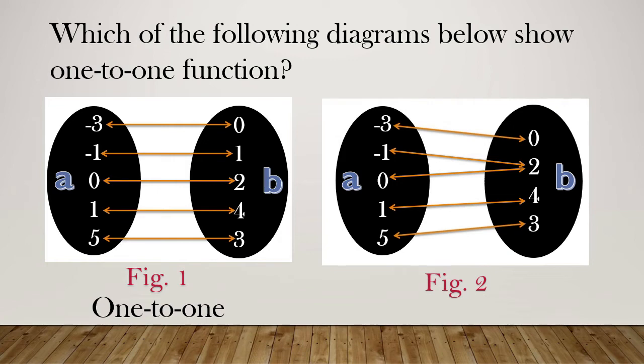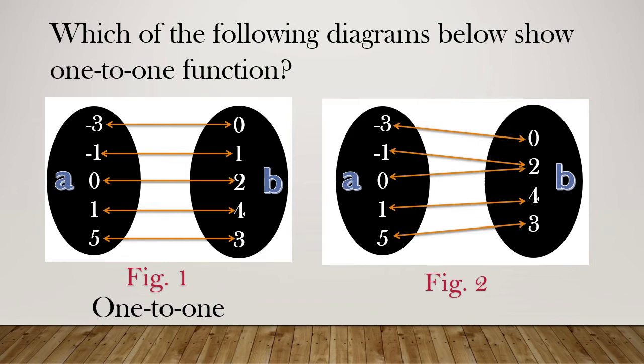Next, figure 2. We have in set A, -3, -1, 0, 1, 5. In set B, we have 0, 2, 4, and 3.